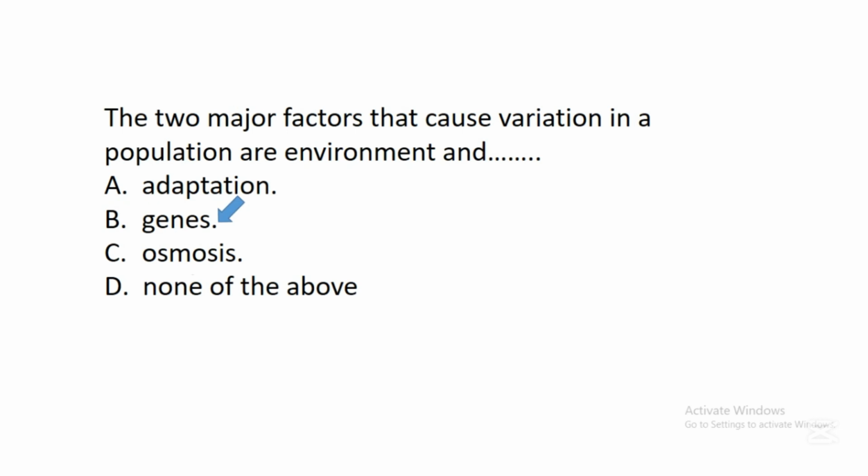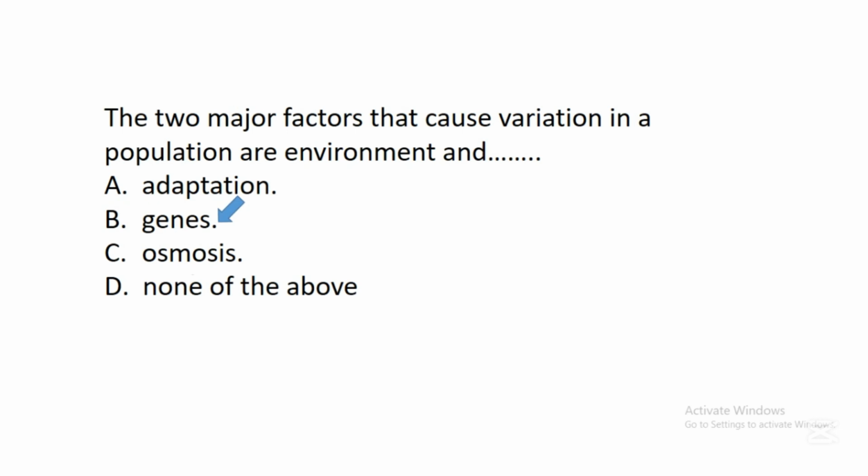So the city environment can affect the behavior of that individual, or can even affect the physical appearance of that individual, thereby causing variation. This second factor, known as genes, can also bring differences in a population. Genes control traits or characters that move from generation to generation.